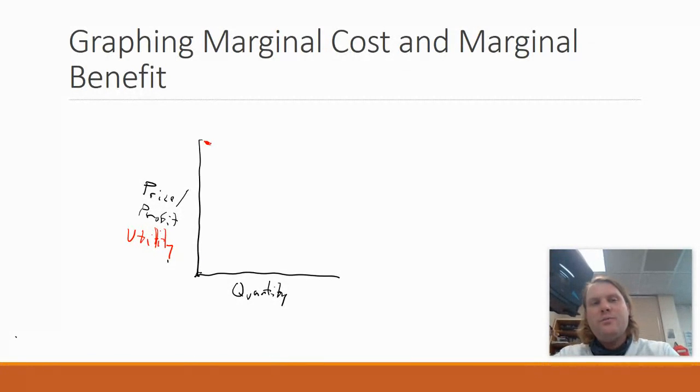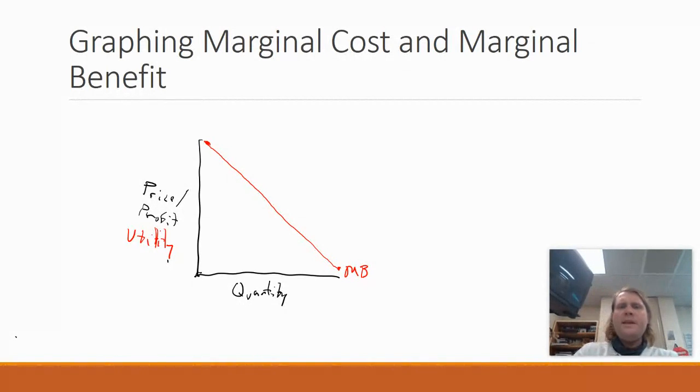Now, as we consume that pizza, right, we said that the benefit was going to go down. So our quantity is going to increase. It's going to move to the right, and our utility is going to go down. So we get to that 10th piece of pizza down here, and our utility is very, very low. Theoretically, it could be negative. Okay, like we're getting nothing out of it. We're going to label this. This is our marginal benefit.